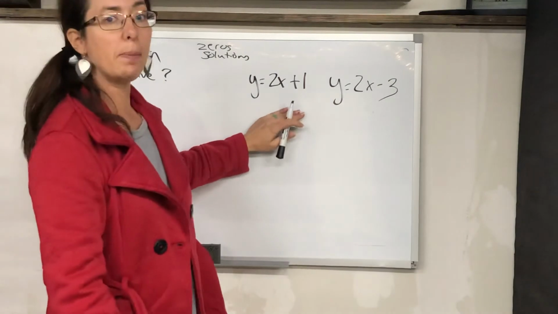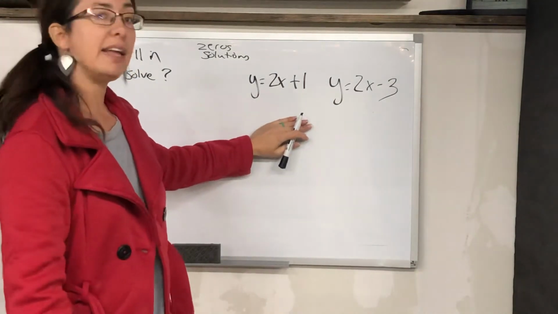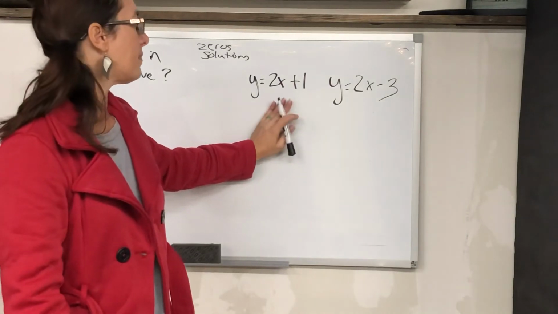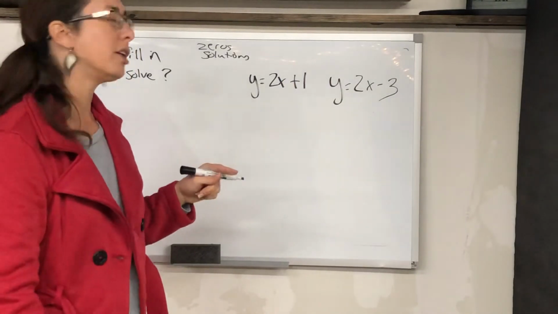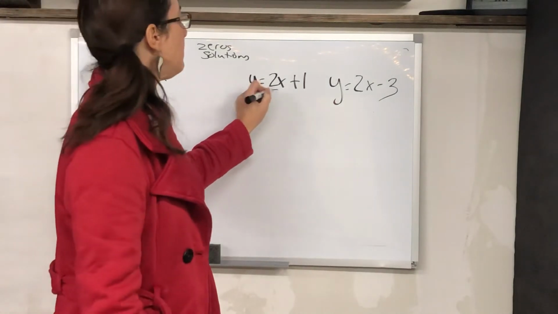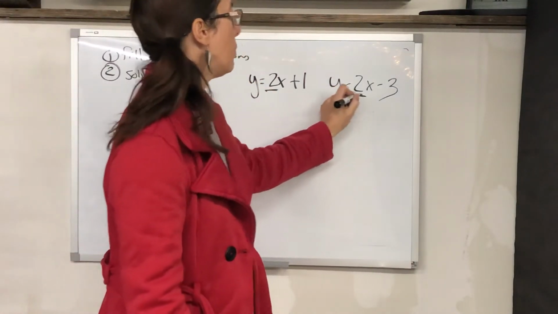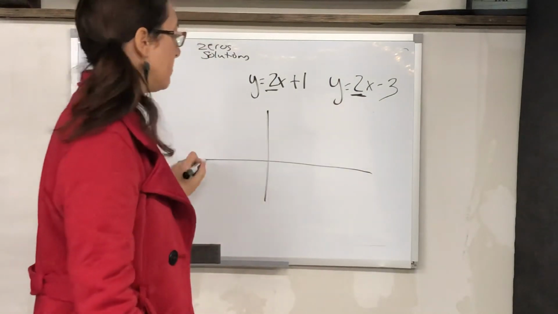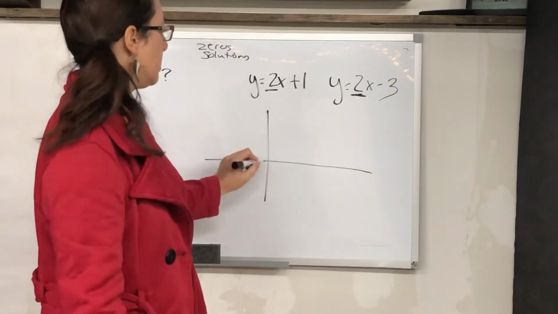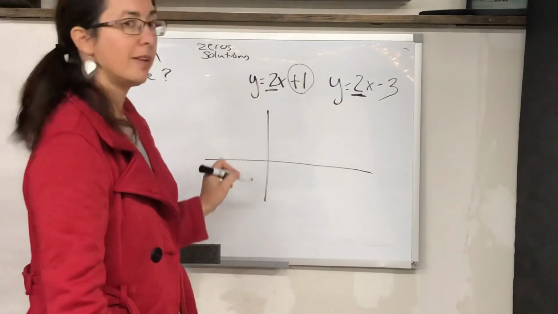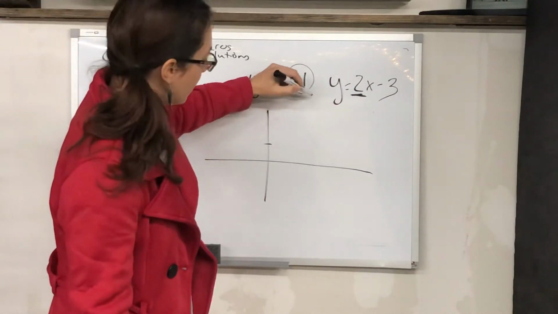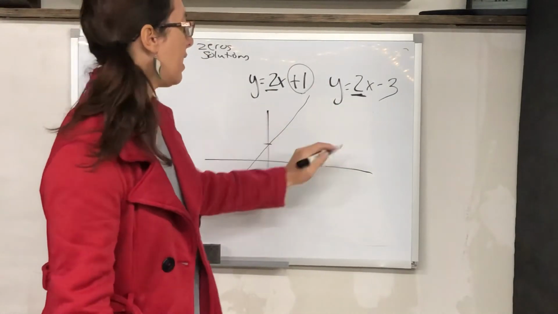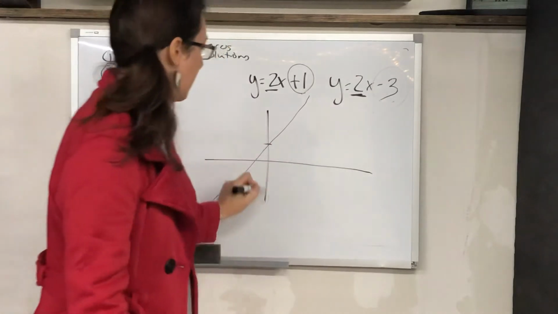If I asked you to compare these two lines and tell me if there's anything specific or valuable about them, we can immediately look and see that the slope of both of the lines is 2. The first line goes through the point 1, so I've got a slope of 2 through the point 1. The second line goes through the point -3.